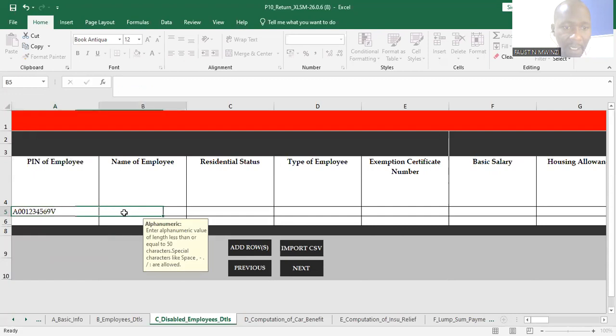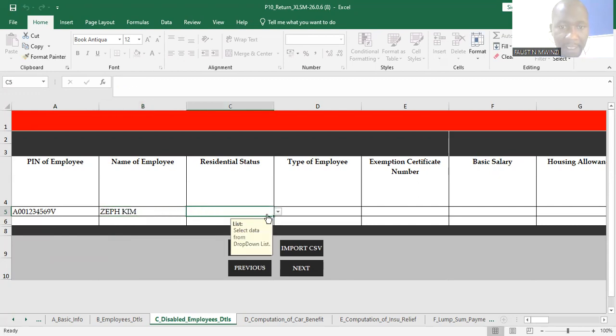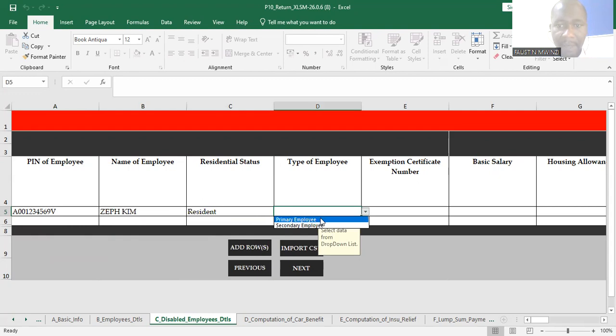See how I'm guessing my PIN. As long as it has the right digits, it will pick. Remember, this is a dummy illustration. Name of this employee, Zeph Kim. Residential status, resident type primary.